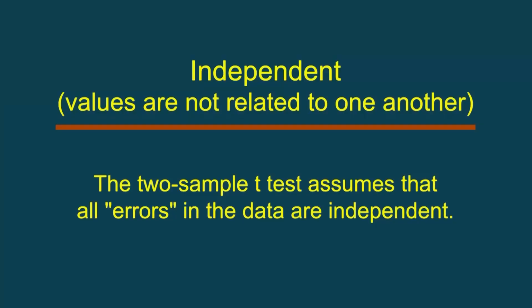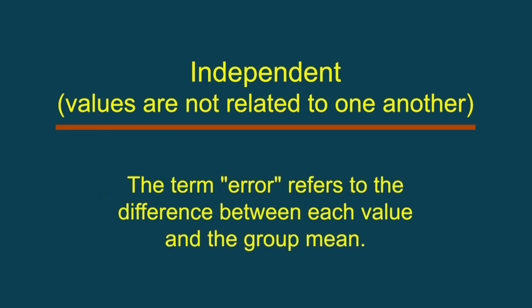The two-sample t-test assumes that all errors in the data are independent. Now, what do we mean by the errors? The term error refers to the difference between each value and the group mean. Now see, when we draw a sample from a population, there will be several observations. So for these observations, there will be a mean.